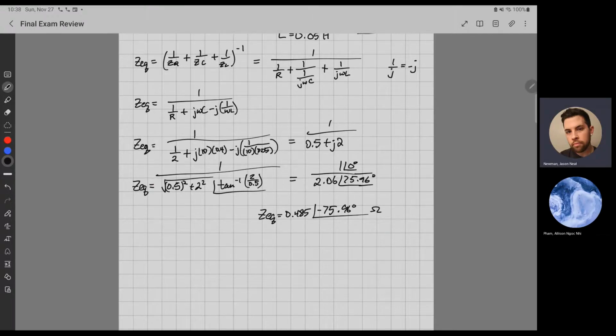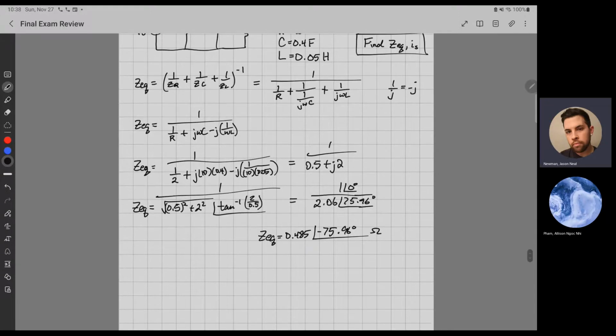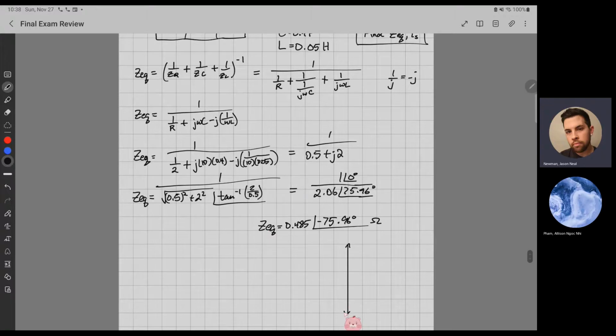And one interesting thing you can take from this is notice that this is our Z equivalent, and Z equivalent basically tells you what type of load you have. What I mean by that is your inductive or capacitive load. And I know she talked about this with you guys, the Eli the Iceman thing. So it's actually pretty useful.